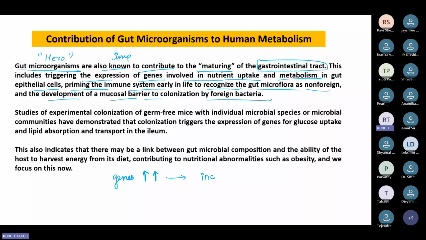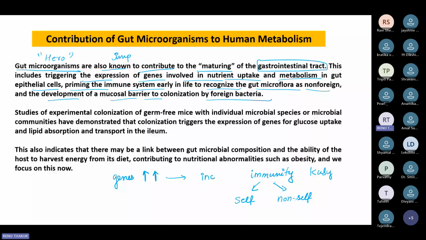Now, apart from that, it also guides the immune system not to consider us as non-foreign. Just as you all know about immunity, our immunity recognizes between self and non-self. If you have read the immunology book, you have studied this line that our immunity is able to differentiate between what is self and what is non-self.